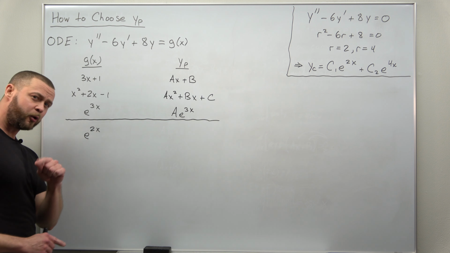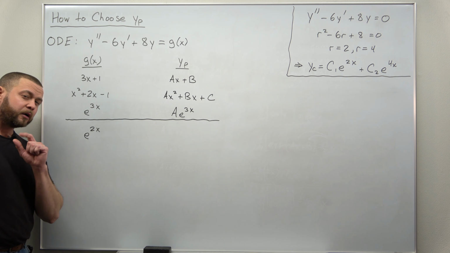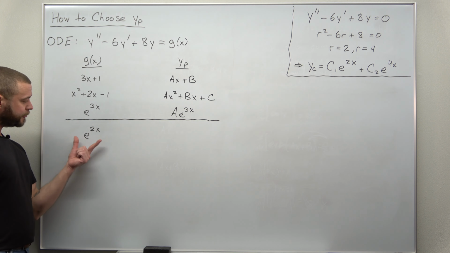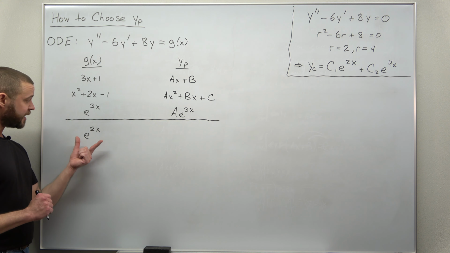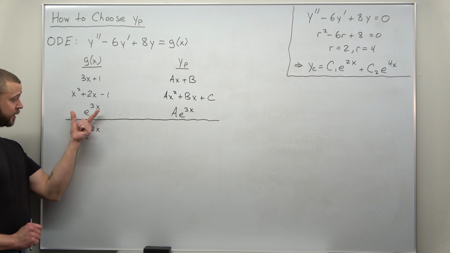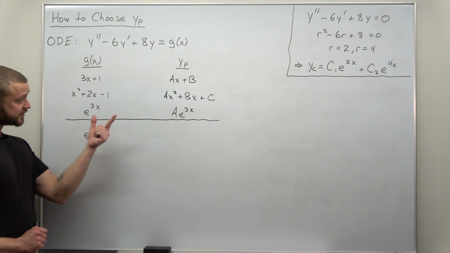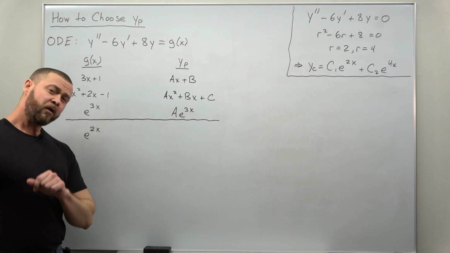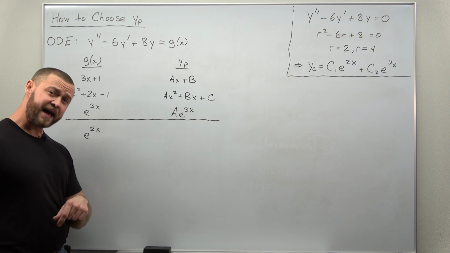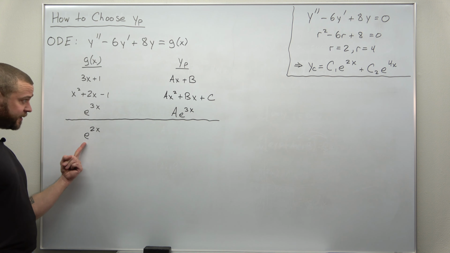So let's suppose our non-zero right-hand side were maybe e to the 2x. Now be careful, we saw an example earlier where the right-hand side was e to the 3x. Very straightforward, right? Well, let's suppose we tried that here. We have an exponential function.